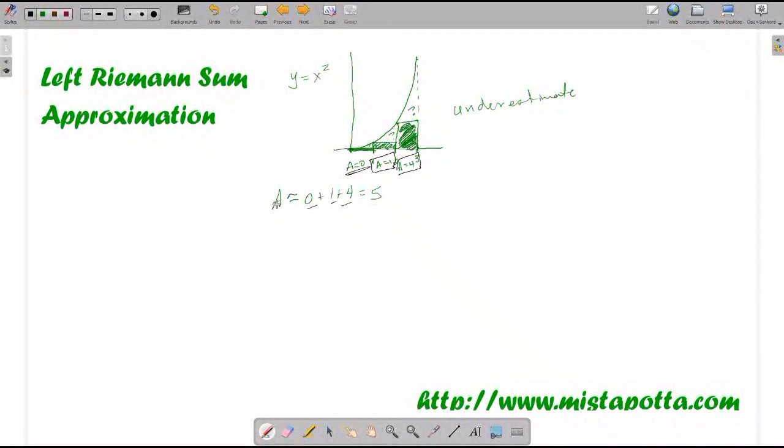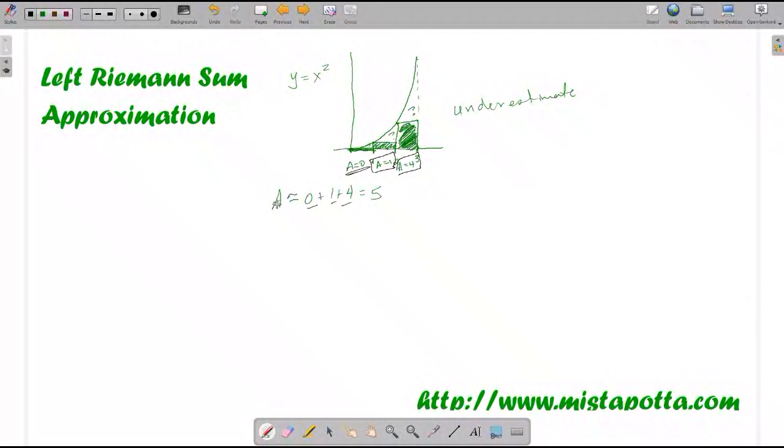So there's lots of things to think about here, but the basic concept is, given a function, can we estimate the area under the curve using a left Riemann sum, a right Riemann sum, or a midpoint Riemann sum? Estimating the area under the curve using rectangles whose heights are determined by the function.